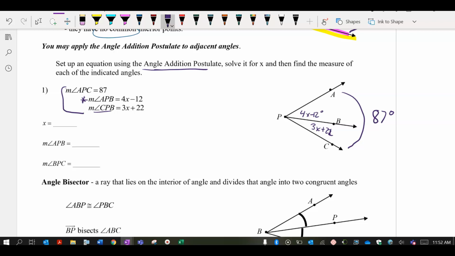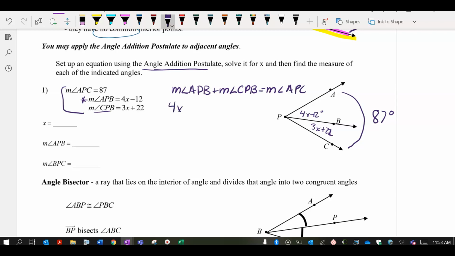Then we know that the measure of angle APB plus the measure of angle CPB will equal the entire measure of angle APC. I'm going to plug in everything we know.